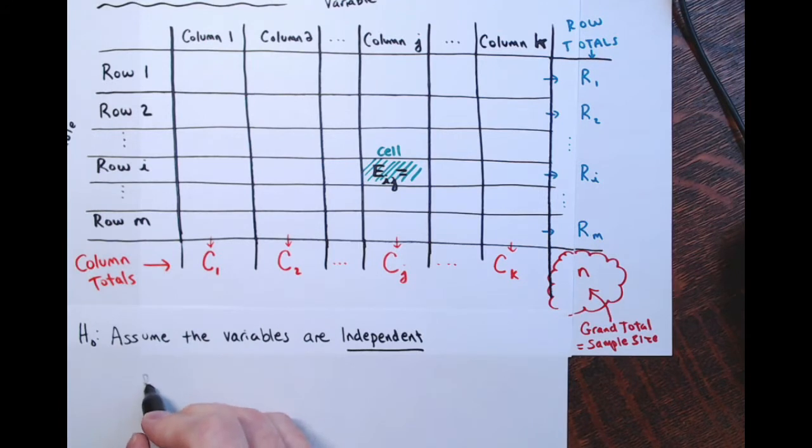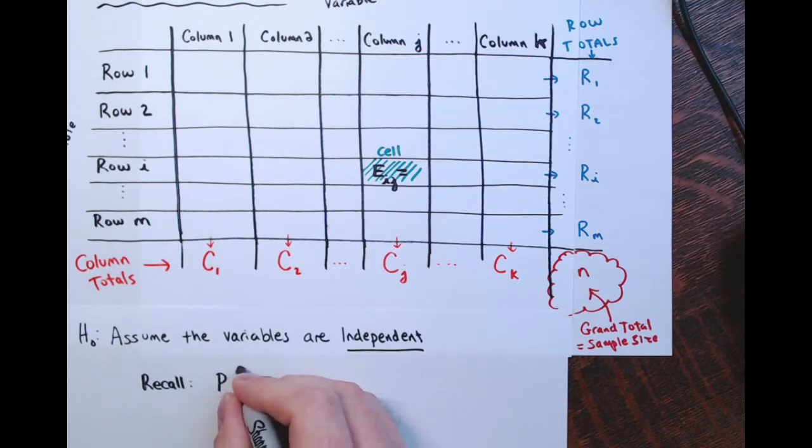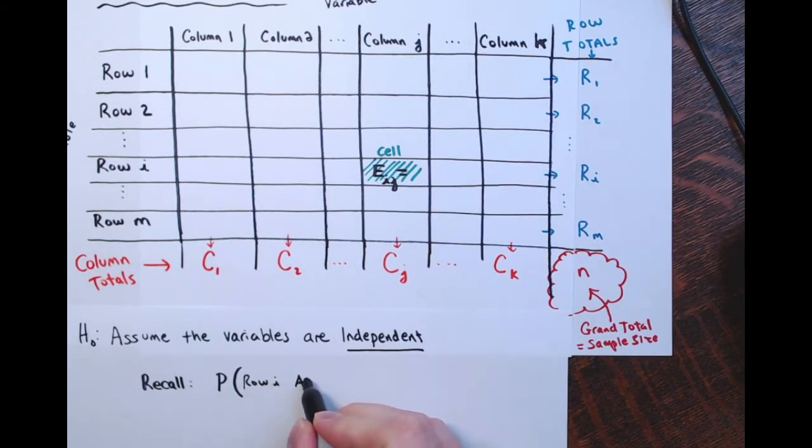So hopefully you recall how to find probability. Recall that if I want to know the probability of being in row I and column J, well, this is two events.